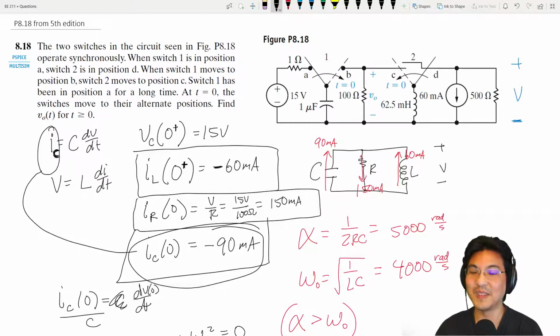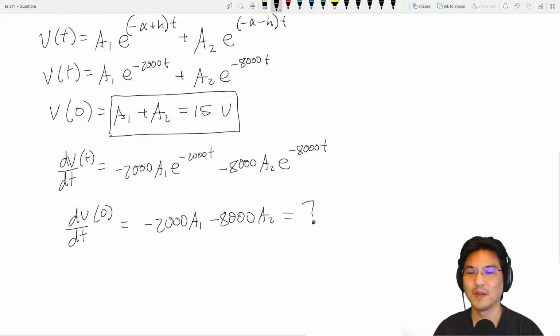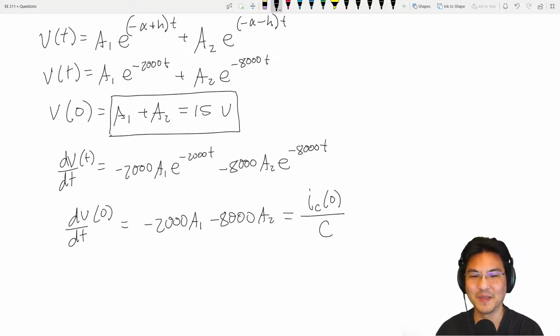So dV dt at t equal to 0 is this. Okay. So back to where we were over here. This is I for the capacitor at t equal to 0 divided by the capacitance, which was negative 90 milliamps, and this is 1 microfarad, 10 to the minus 6.